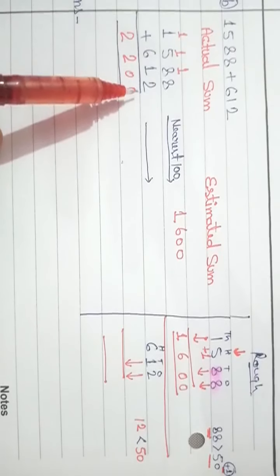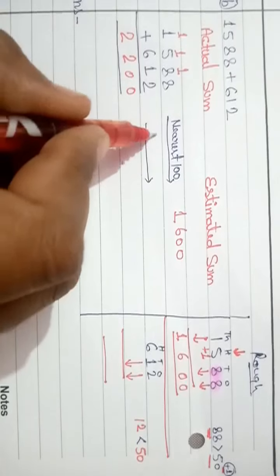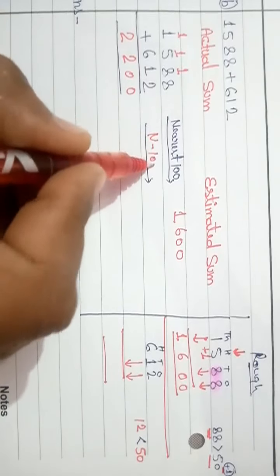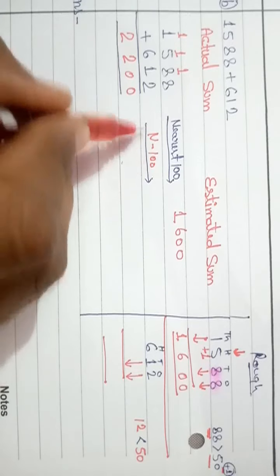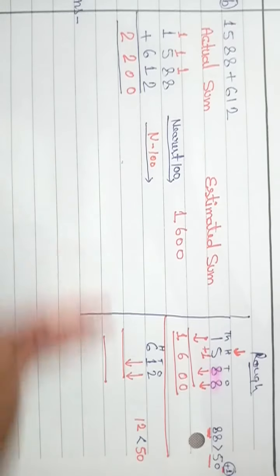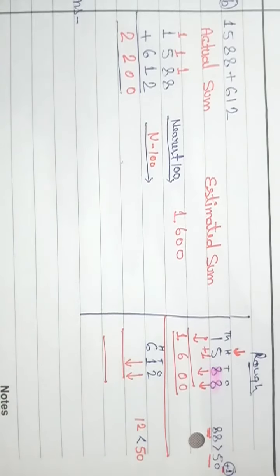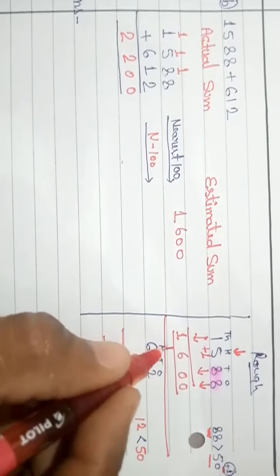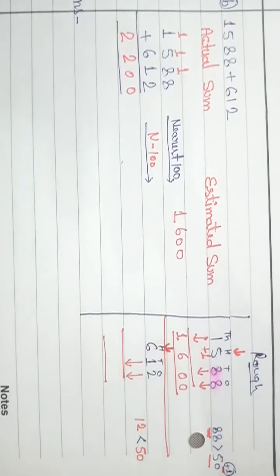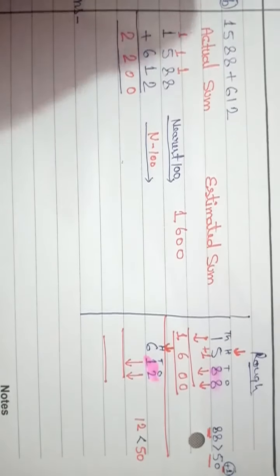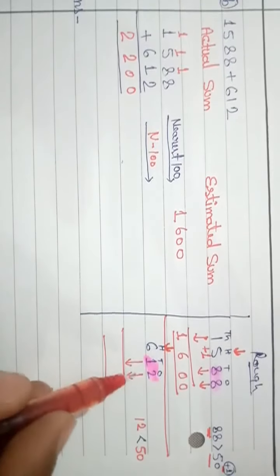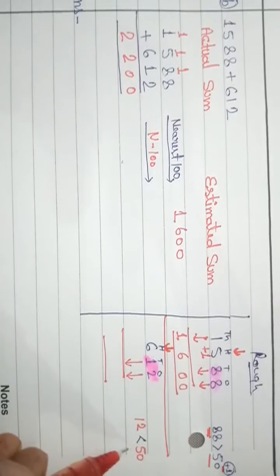Now for 612, we will find the nearest 100 of it. First we target our digit, then highlight, and compare our highlighted digit with 50.